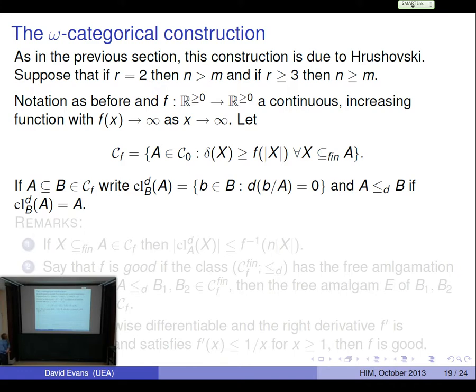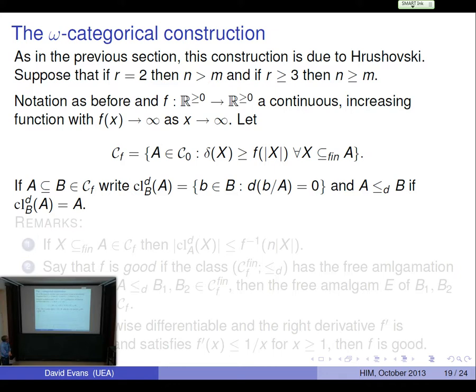You consider Cf to be structures in C0 where delta of x is greater or equal to f of the number of points in x for all finite x in A. Yeah? So for C, you just have delta x greater or equal to 0. Now it's bounded below by this function of the size of x.